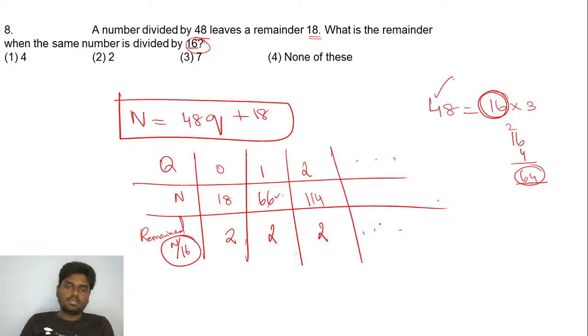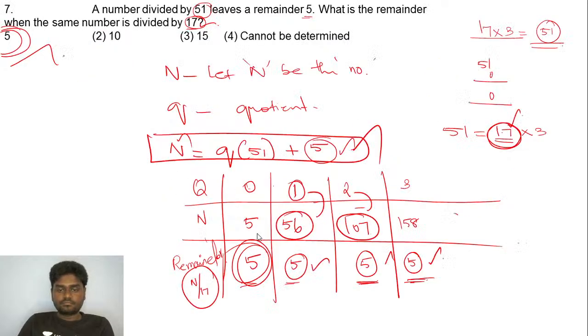So it goes on. From this, I can say that it's going to be option 2. 2 is going to be the remainder that you'll be getting if the same number is divided by 16. That's it. Is that clear? So in this case, if you see, you have 5, 56, 107, 158.